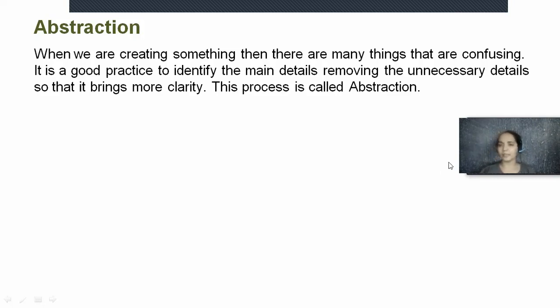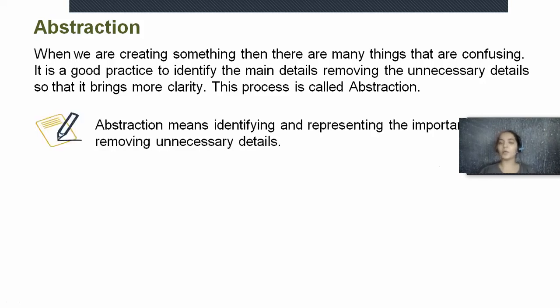So it's good practice to identify the main details and remove the unnecessary details so that it brings more clarity for you. The actual definition of abstraction is identifying the important details and removing the unnecessary details.